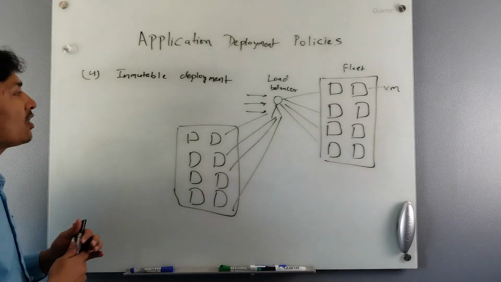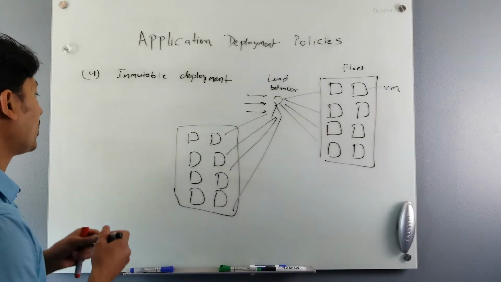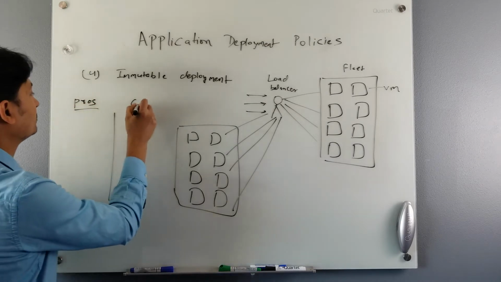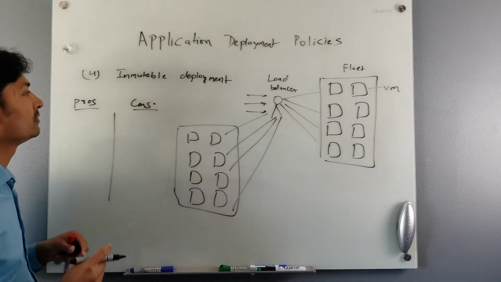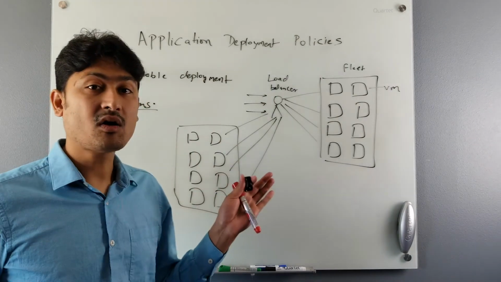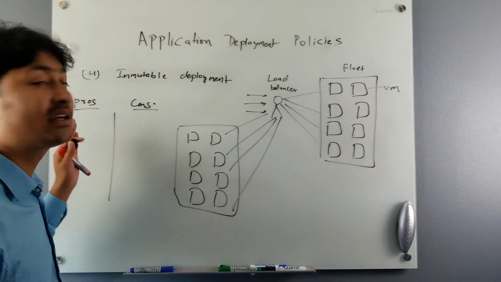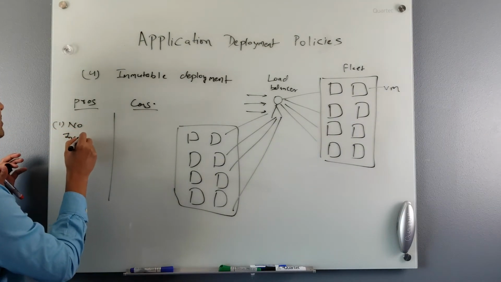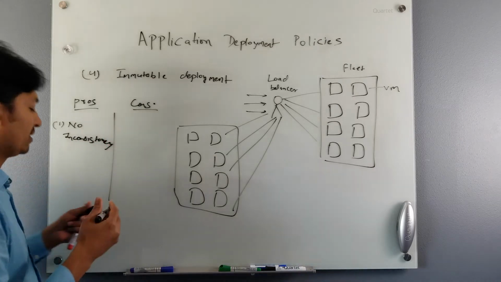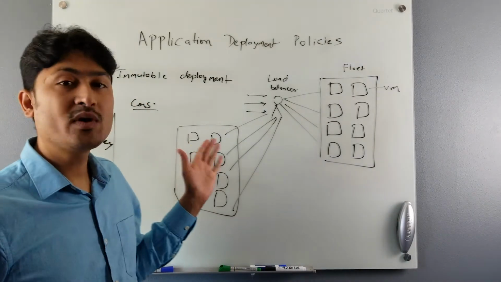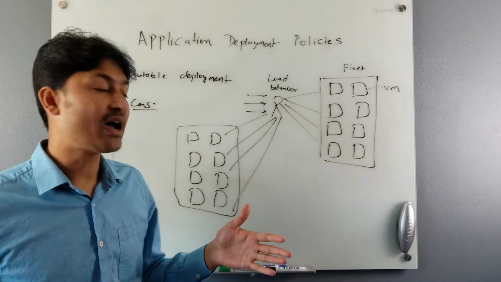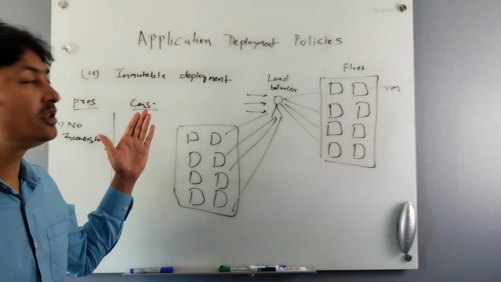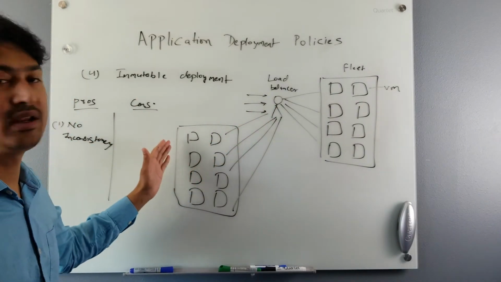So let's talk about the pros and cons of immutable deployment. Unlike rolling deployment or rolling deployment with additional batch, you don't see inconsistency here. No inconsistency, because once you are sure that your newer application version is running fine on the new fleet, you simply forward the traffic to this new fleet.